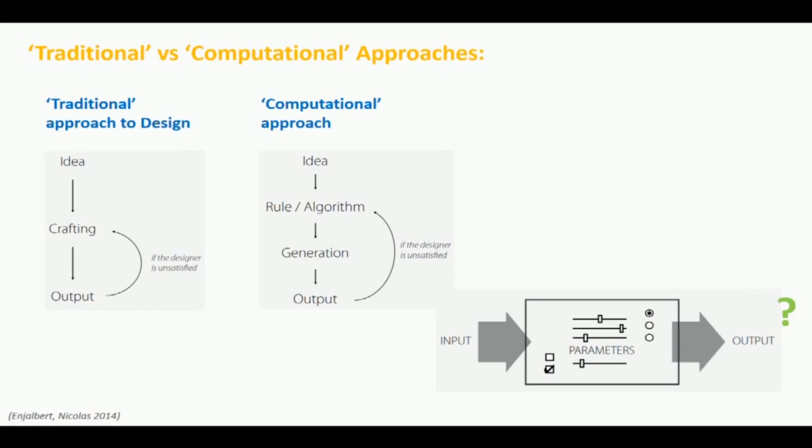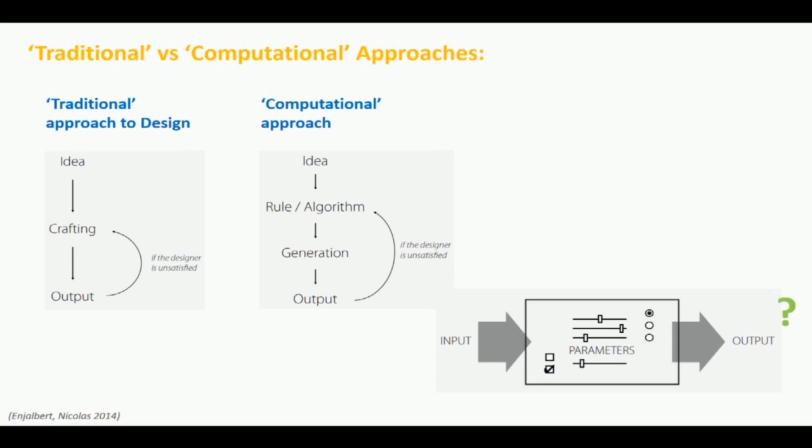Basically, your idea in the head you put on paper or on a model, and then you execute it. So you go from having the idea to crafting, and there is an output, and then if you like it or not, you make some adjustments, and then you go back. Basically, that's a traditional approach.